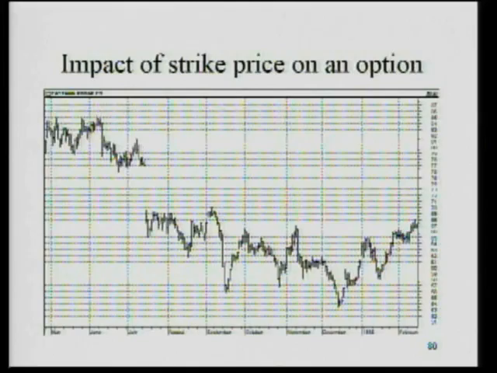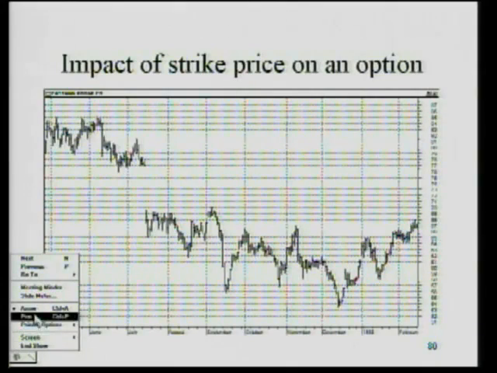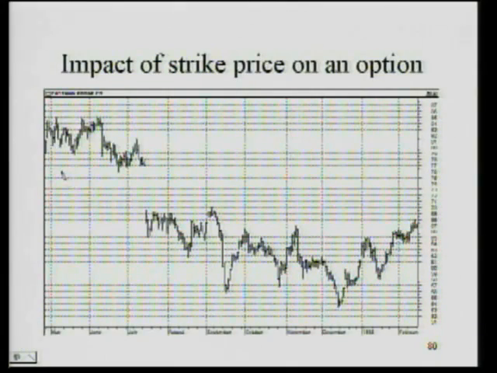This is a chart of Eastman Kodak, and in this instance, it's been in a downtrend, dropping, a series of lower lows, but then it starts making the turn, and we've got a series of higher highs. So we've actually got a nice little uptrend. Let's say you want to be bullish on Kodak.